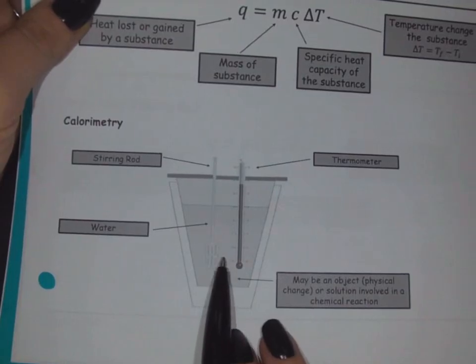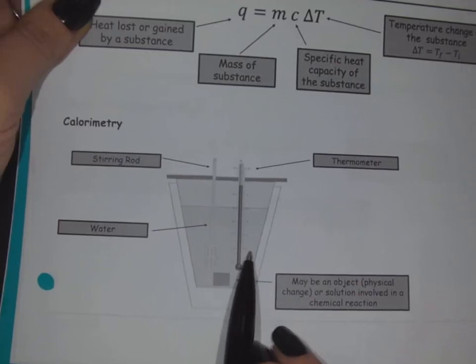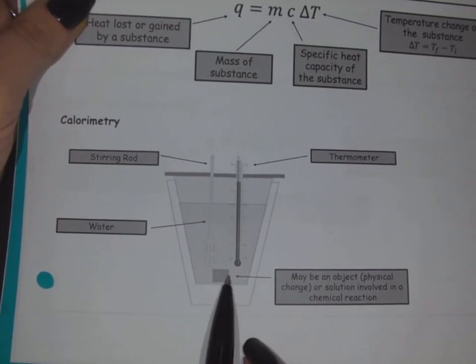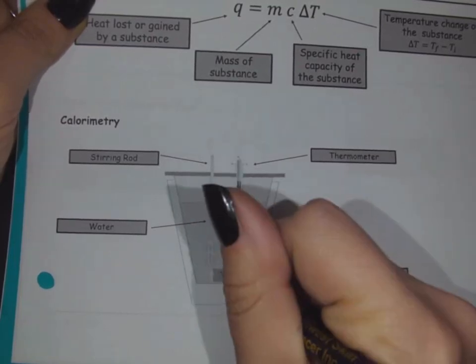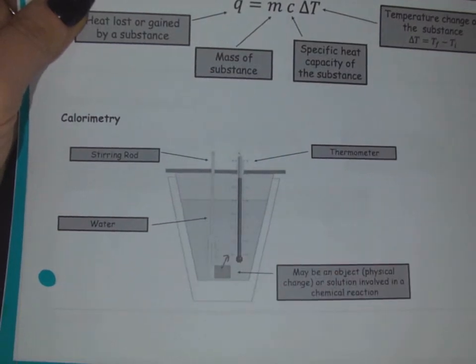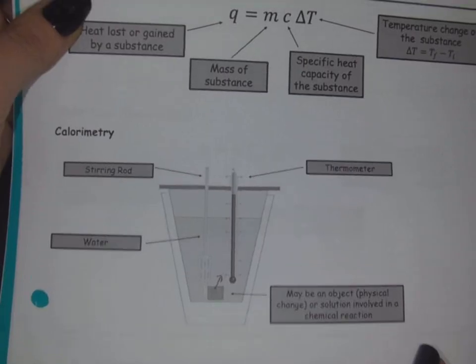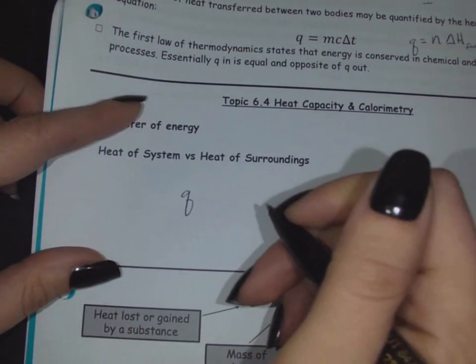Okay, and inside this water we also have a stirring rod, so the water's moving around, and we have a thermometer. Well, the heat from this little metal sample here is going to leave, it's going to go out towards the cooler water.